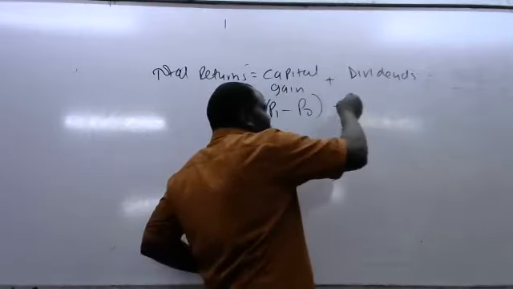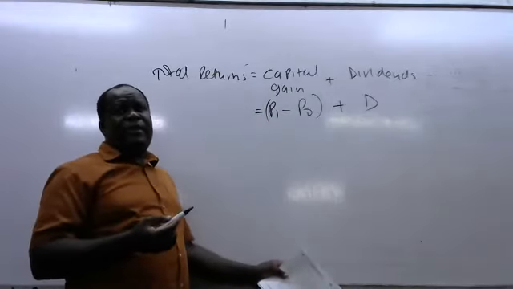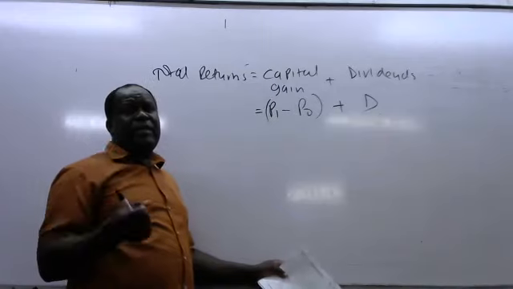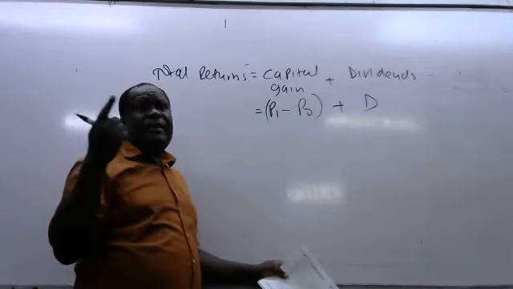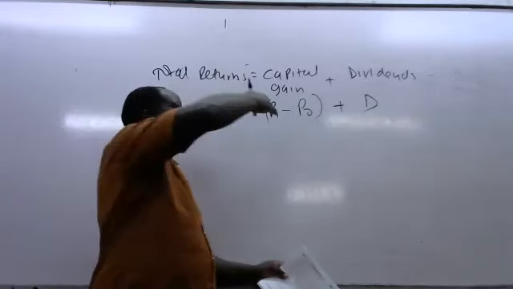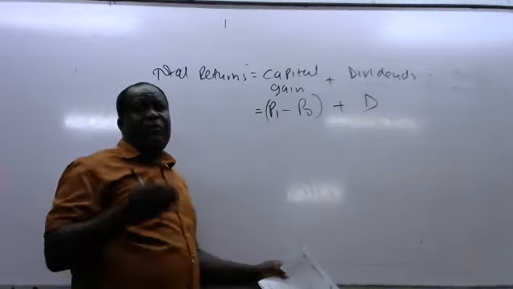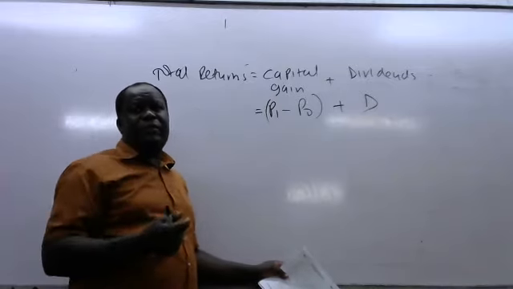Then at the end of the year, you are also paid dividends. When you buy a share in a company, at the end of the year the share will have appreciated, that is our capital gain, and you are also paid a dividend. That is now the total return on the share.